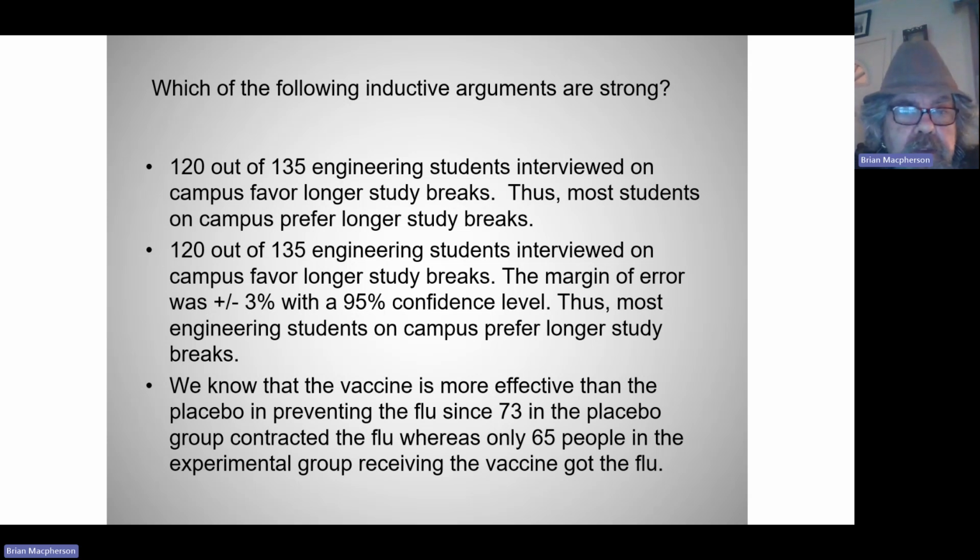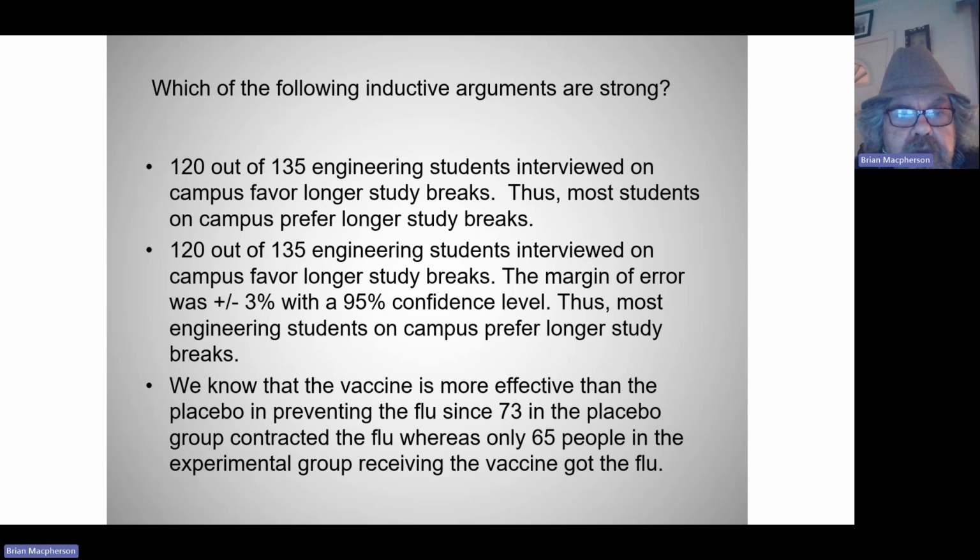We know that the vaccine is more effective than the placebo in preventing the flu, since 73 in the placebo group contracted the flu, whereas only 65 people in the experimental group receiving the vaccine got the flu. Okay, well, here's the problem. That difference may not be significant, right? They're so close that it's possible that the difference could be due to chance alone.